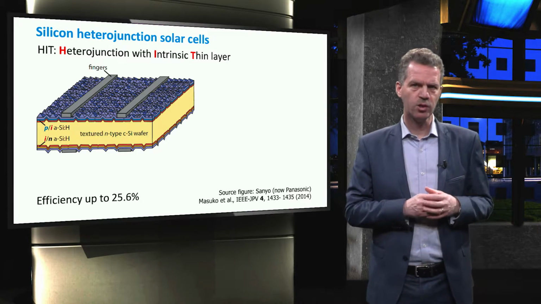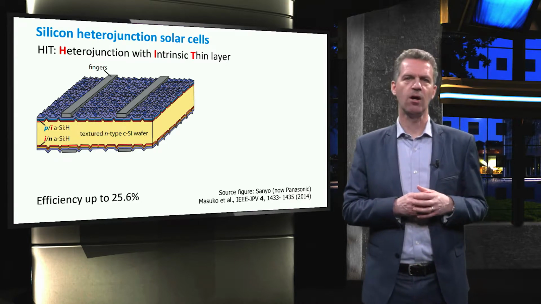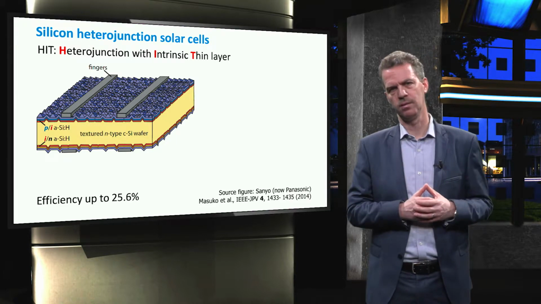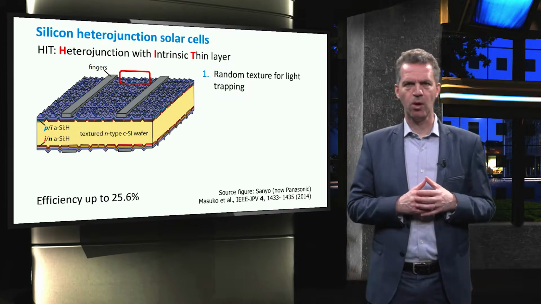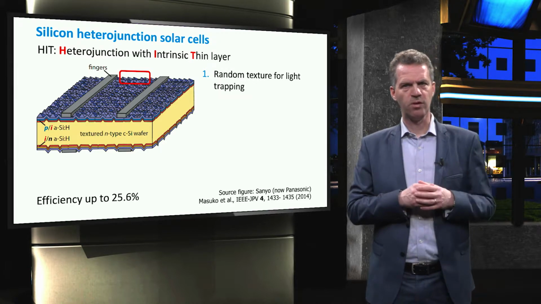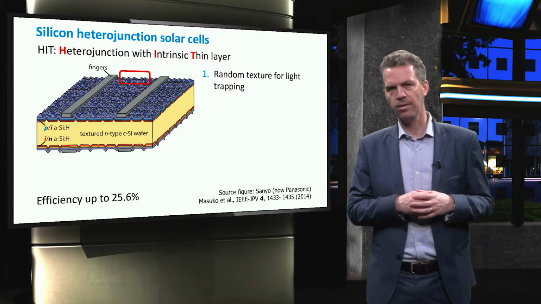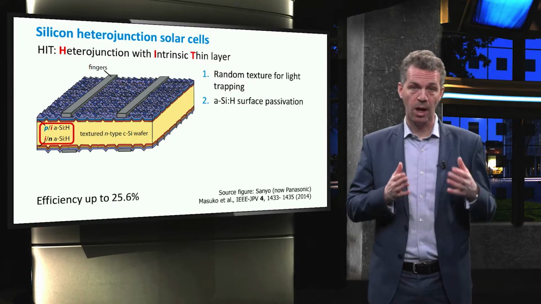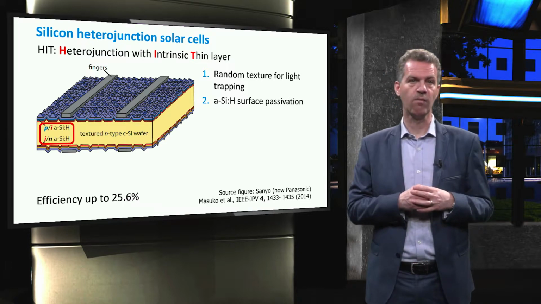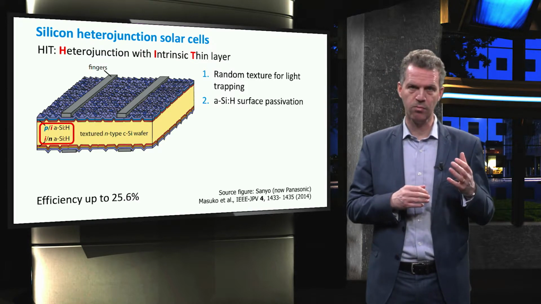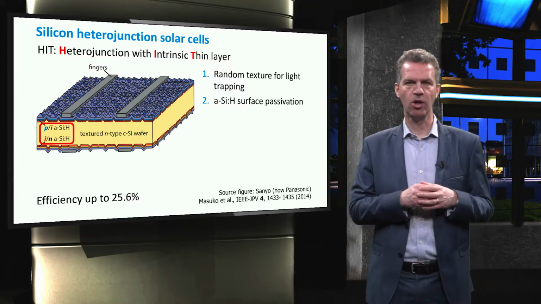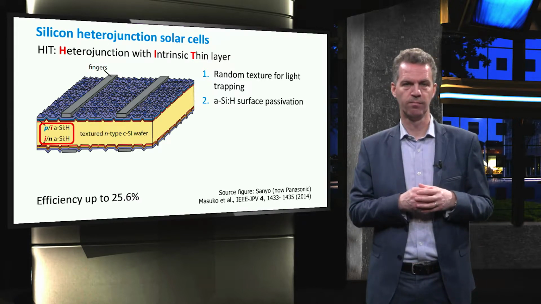The silicon heterojunction solar cell is the second high efficiency concept in this video with both sides contacted. Similar to the PERC family concepts mentioned in the previous video, the front of the solar cell is textured with random pyramids. However, in this concept, the front surface is passivated with a stack of layers consisting of intrinsic hydrogenated amorphous silicon and on top of that, doped hydrogenated amorphous silicon.